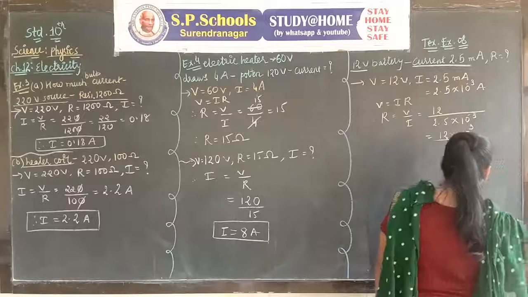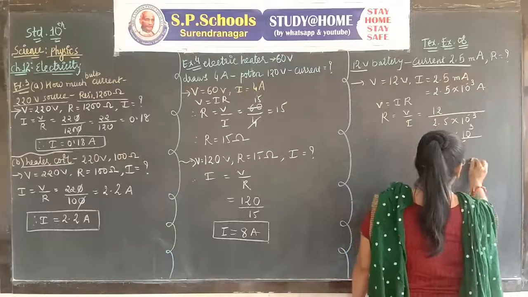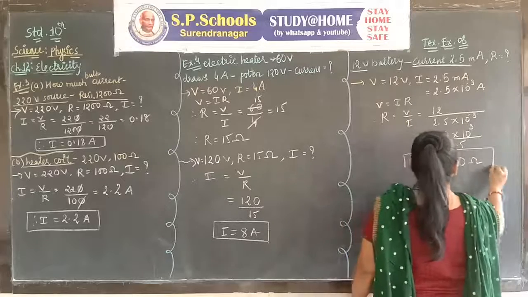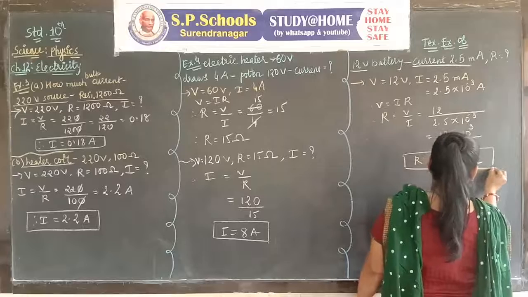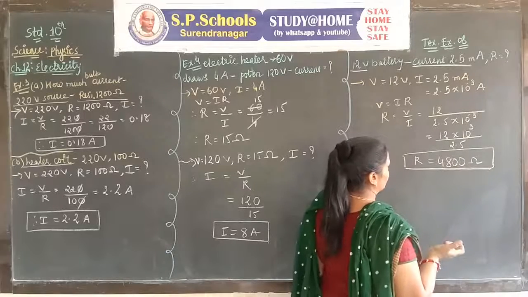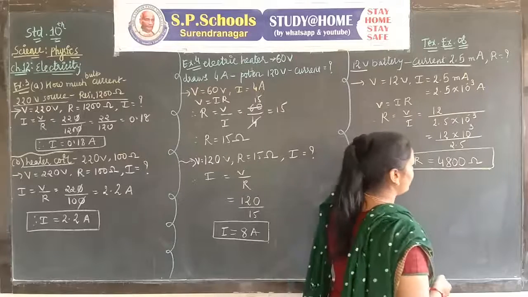When we calculate it, 4800 ohm will be the answer. R is 4800 ohm.